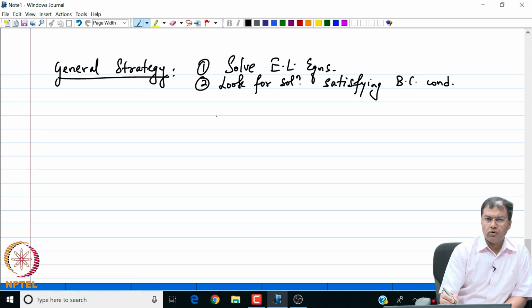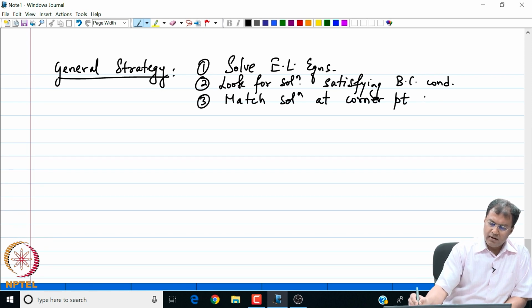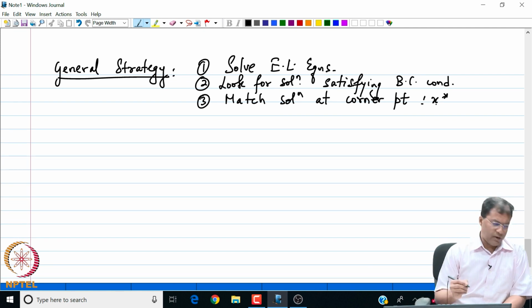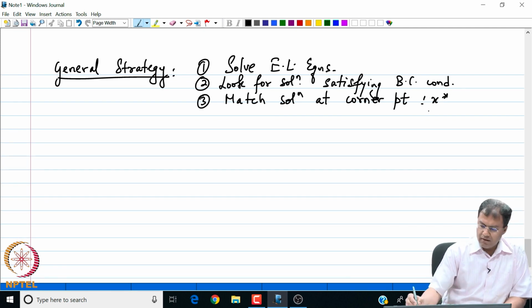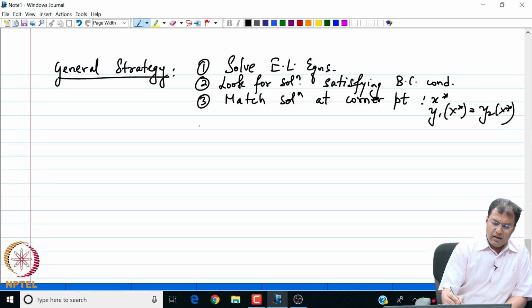Those solutions could be different from each other, and for different solutions we match the solution at corner points. Let us say there is just one corner point x star. We match it by y1 of x star equal to y2 at x star, and then we also satisfy the Weierstrass-Erdmann condition.